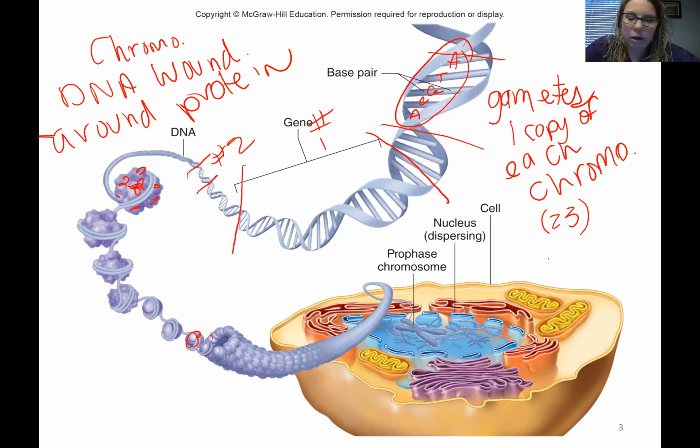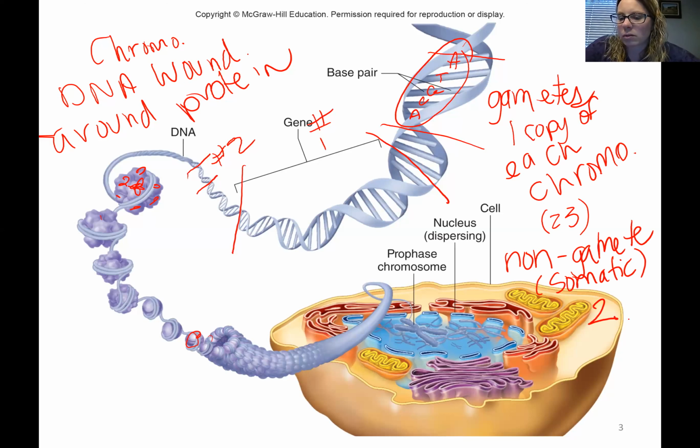In our non-gamete cells, those are called somatic cells, you have 2 copies. So you would have 46 chromosomes.